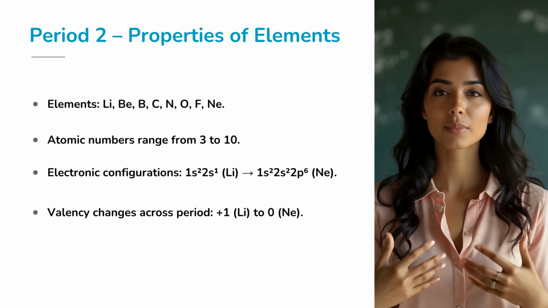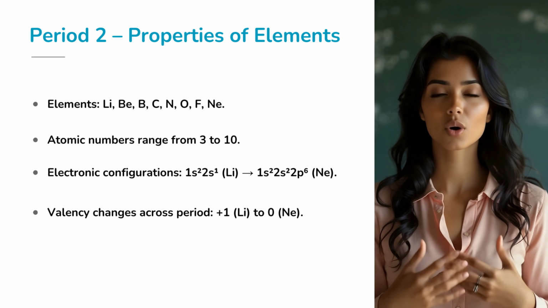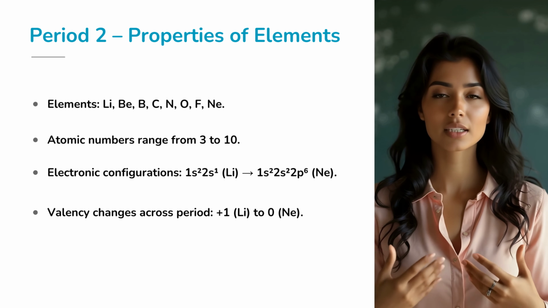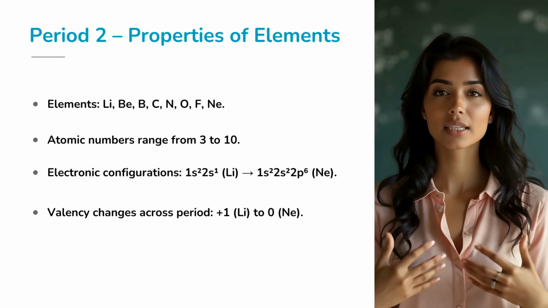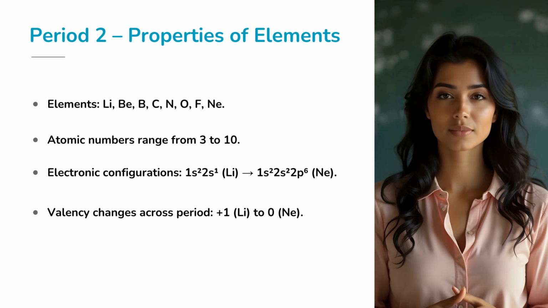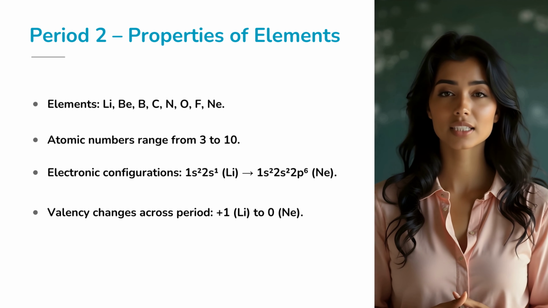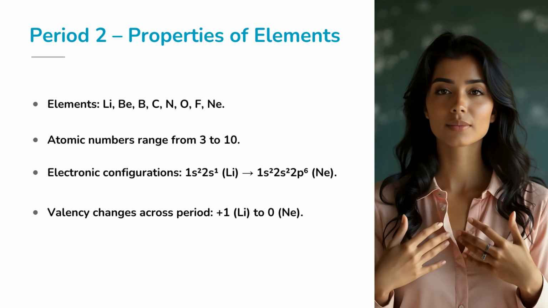Lithium and beryllium are metals, boron is a metalloid, and carbon, nitrogen, oxygen, and fluorine are nonmetals. Finally, neon is a noble gas with a complete octet and valency 0. Across this single row, we see the full journey from reactive metals to inert gases.